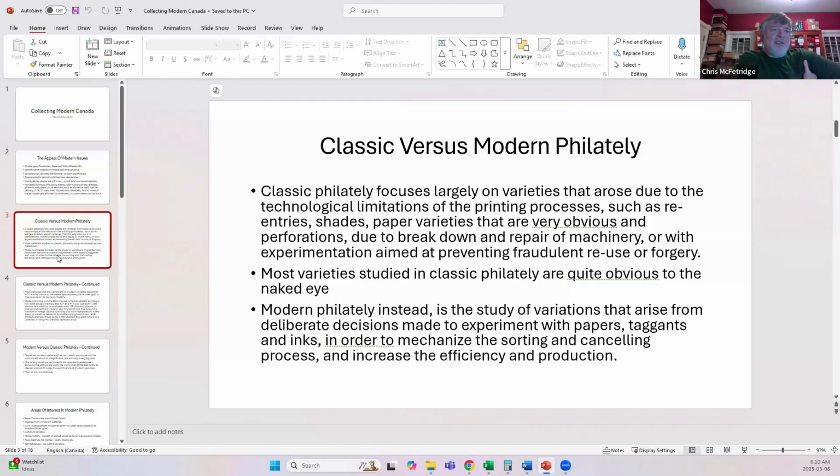So most varieties are quite obvious to the naked eye in classic philately, I find. Even plate flaws, usually you can see the majority of them without a magnifying glass.